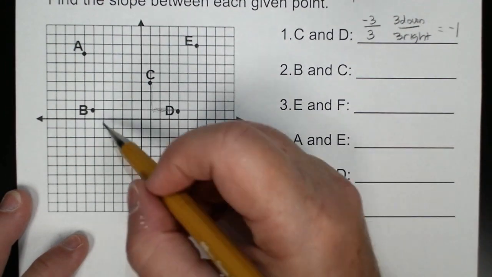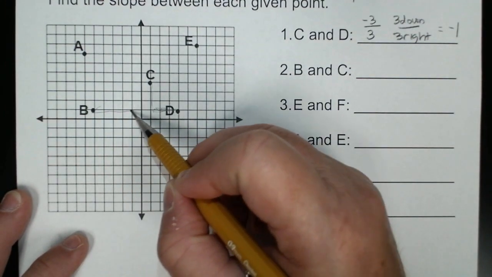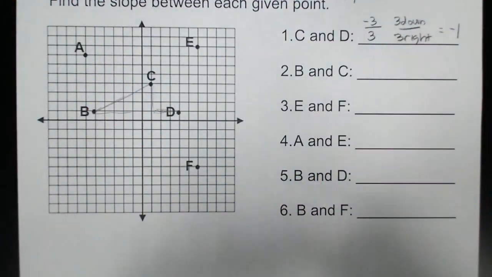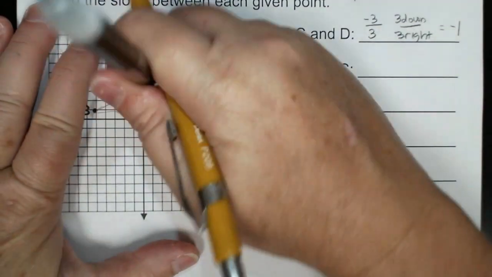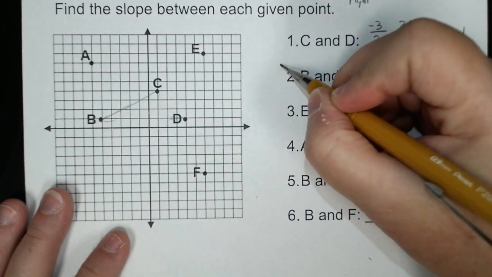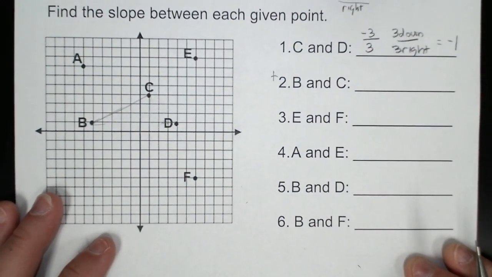From B to C, I draw my line. My line, if you know, is a positive slope, so I'm going to put a positive as a reminder.